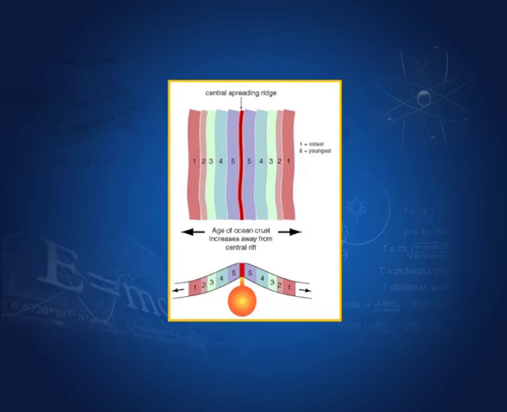So, if you study the rocks around this ridge, you can find what the direction of the magnetic field has been in the past.